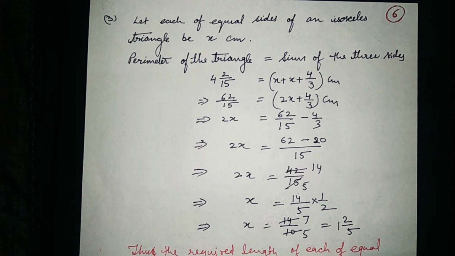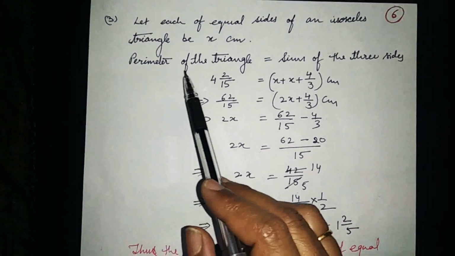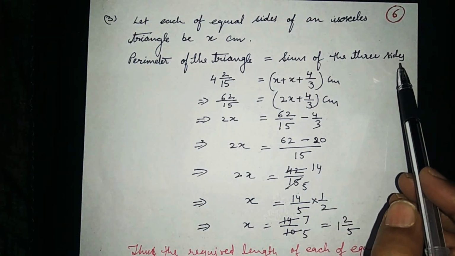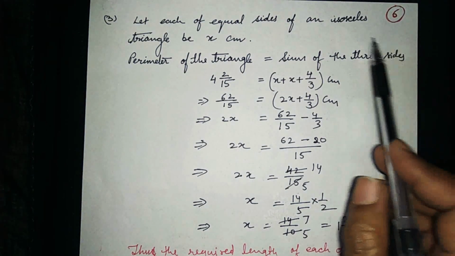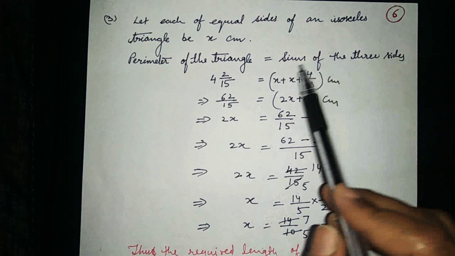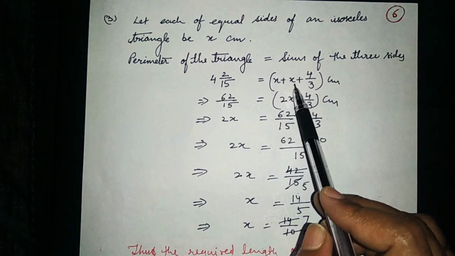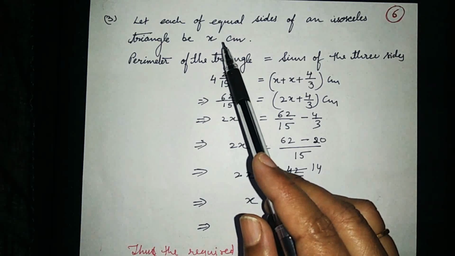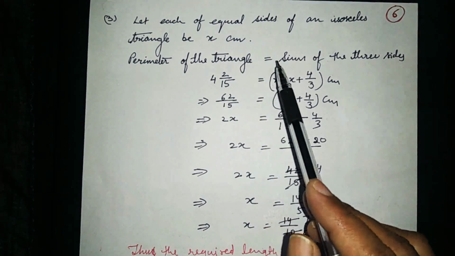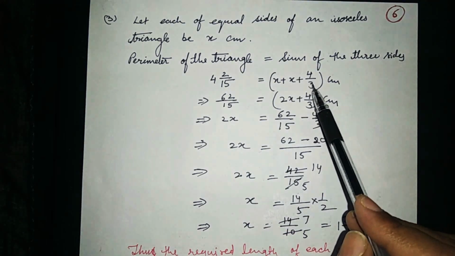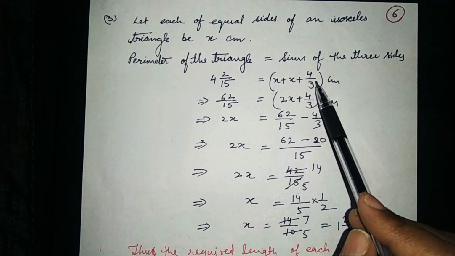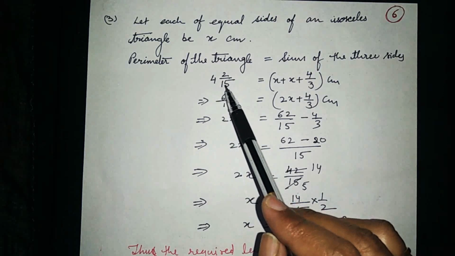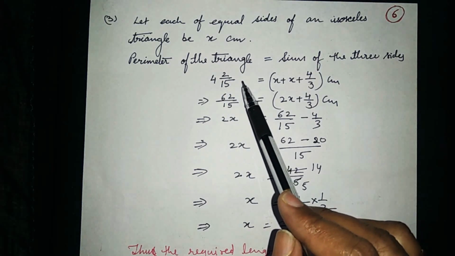Now we know that the perimeter of the triangle is equal to the sum of the three sides. Out of three sides, the length of two sides we have assumed as x centimeter, and the length of one side you have got in the question. And the perimeter of the triangle also you have got in the question.